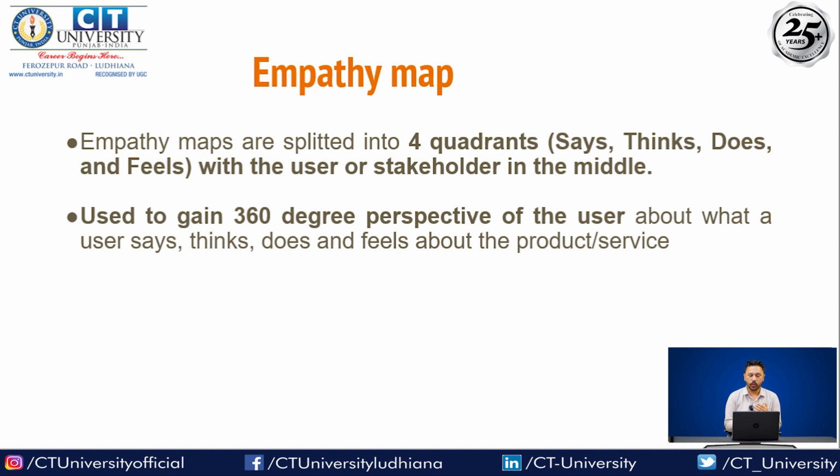So it helps to gain a 360-degree perspective of the end user: what our user says, what our user thinks, the actions our end user takes, and how they feel about the products and services that we are going to deploy in the market.